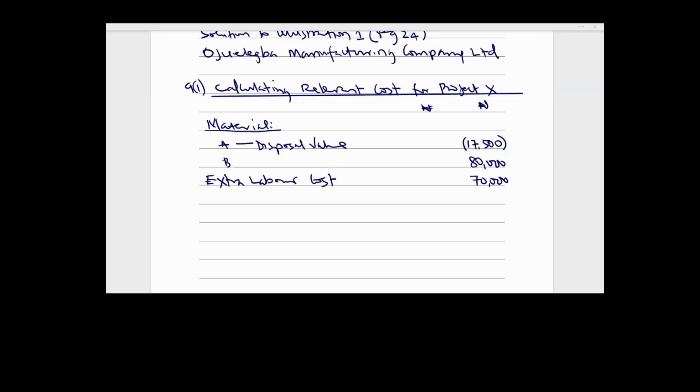Because if not for this project, the company will not purchase the machinery of 100,000 naira. However, you are told that at the end of the project, the machinery will be disposed of at 52,500. So technically, how much did the company incur to purchase the machine? If you buy something at 100,000 naira and sell it for 52,500, your cost is 47,500. So Eloho, you are correct.